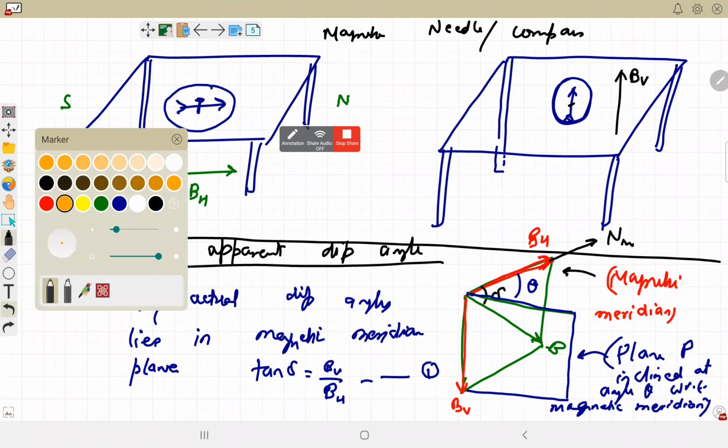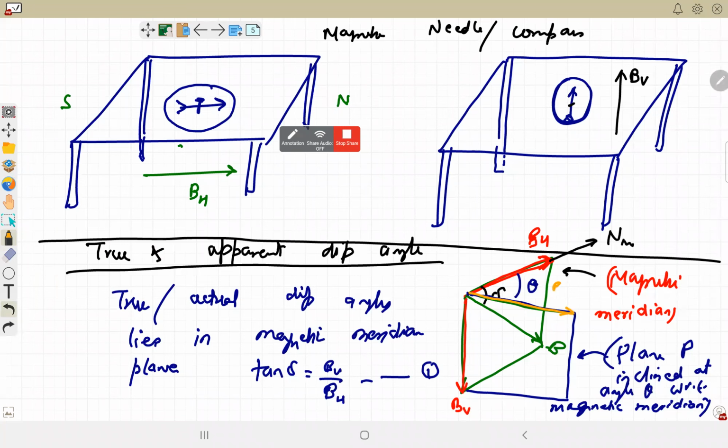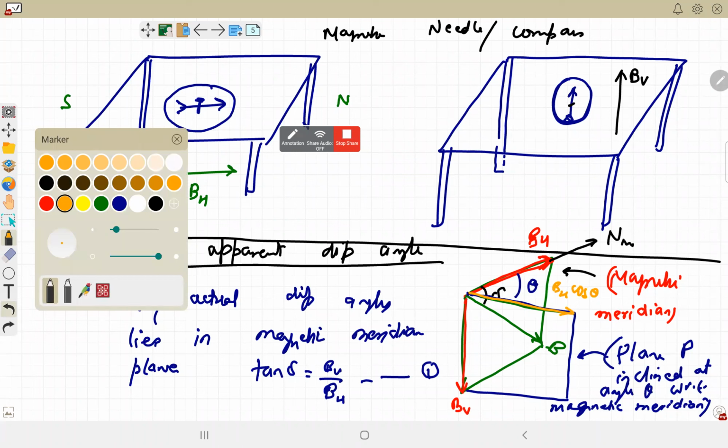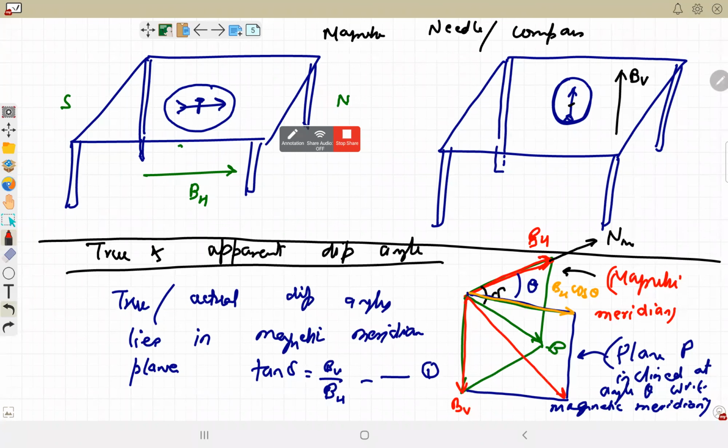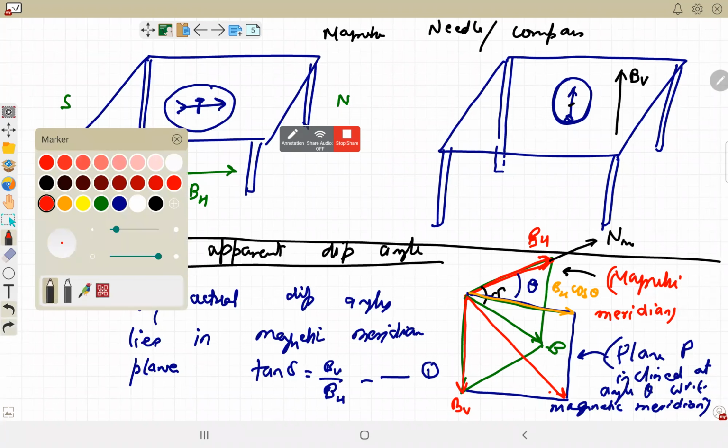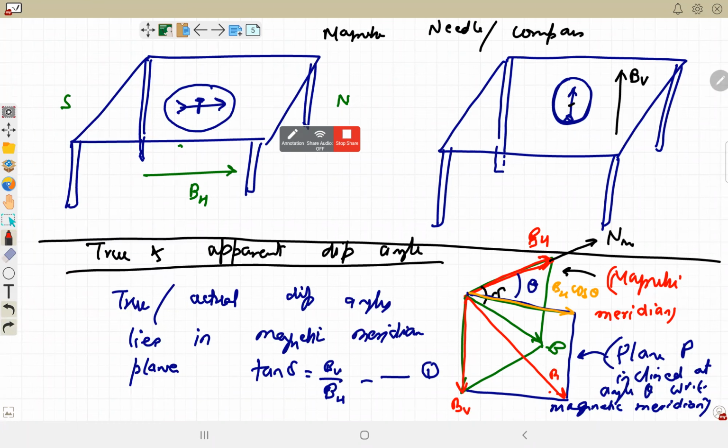Now in this new plane the horizontal component will not remain BH. See, a component of BH has come; it becomes BH cos theta only. BH cos theta and BV give a new resultant, let's say B dash, and B dash will be in this new plane, in whose direction the magnet will be. B dash is in this new plane where the components are BH cos theta and BV.